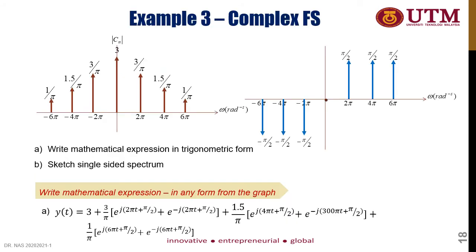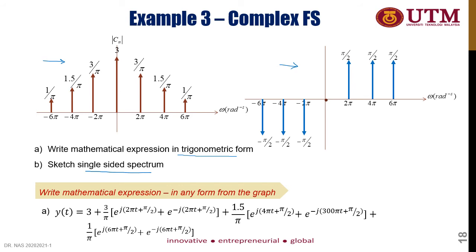Okay, how about when you are given an amplitude and phase spectrum, but you need to write down the expression in trigonometric form and then sketch the single-sided spectrum? Currently you are given the double-sided spectrum for both the amplitude and phase.